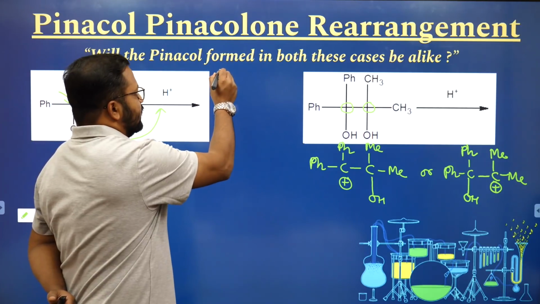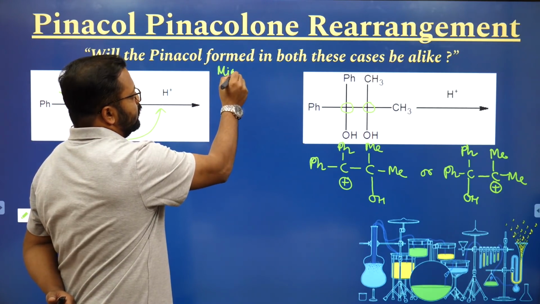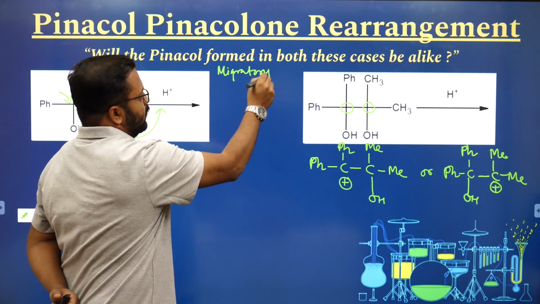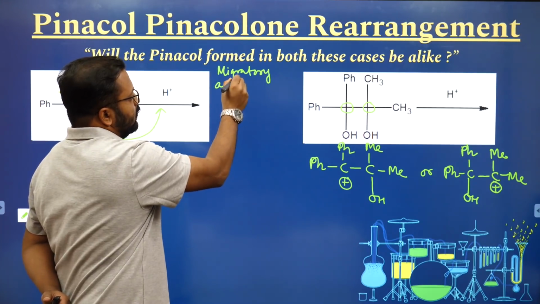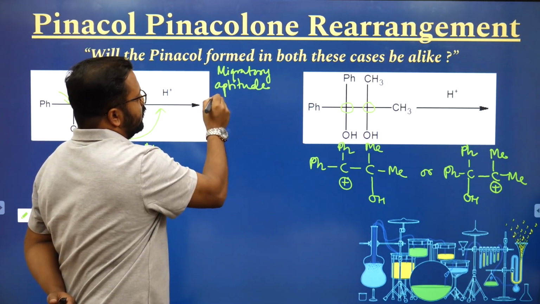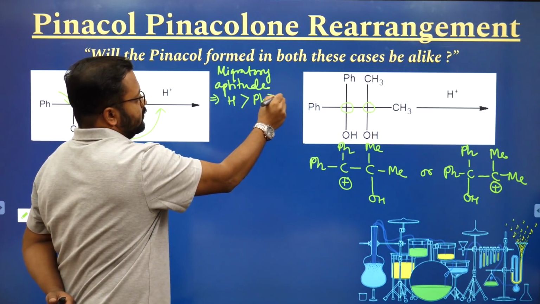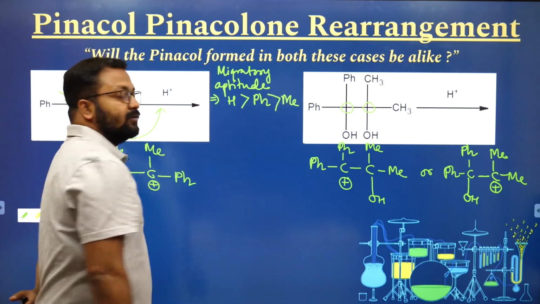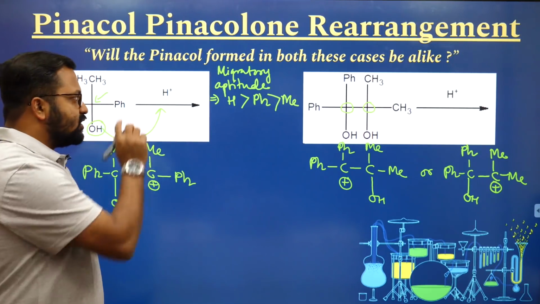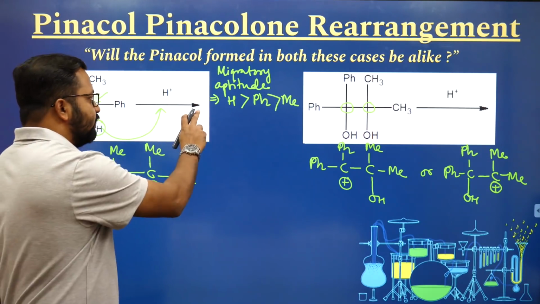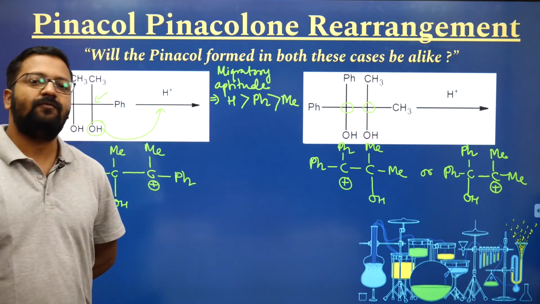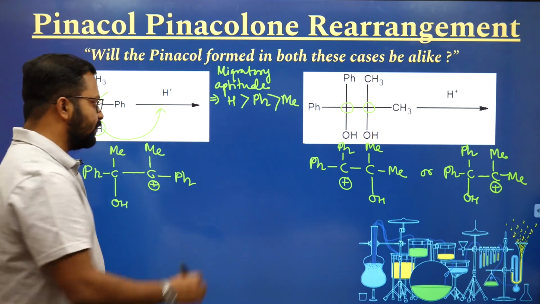So remember that the migratory aptitude is H, Ph, Me. Okay. H, Ph, Me. Hydride will migrate faster than phenyl, which will migrate faster than Me.